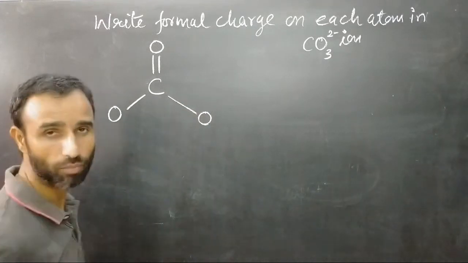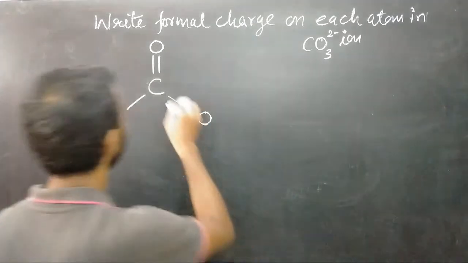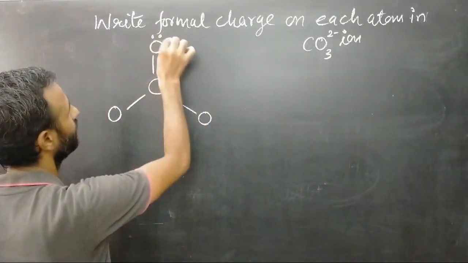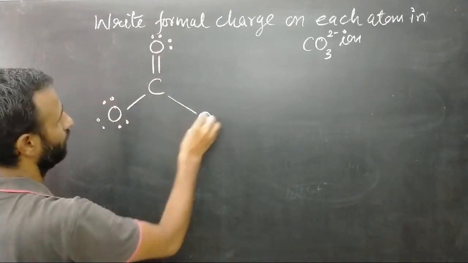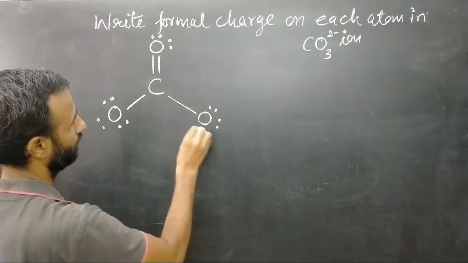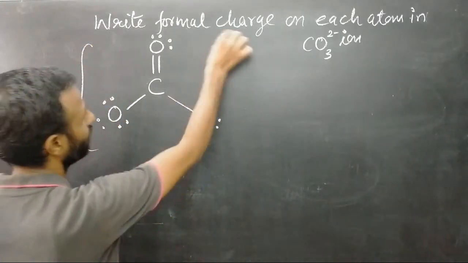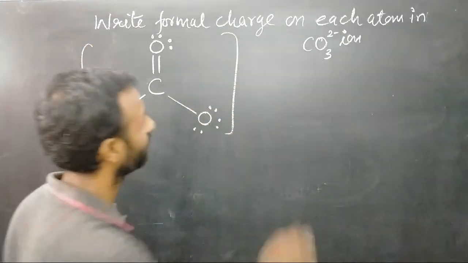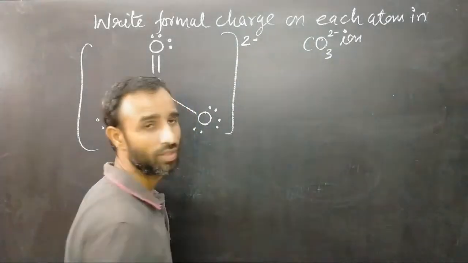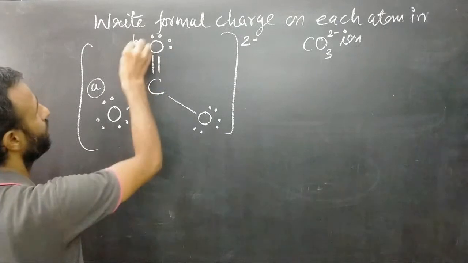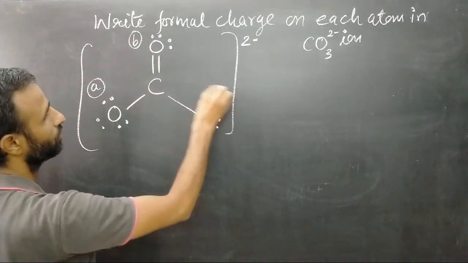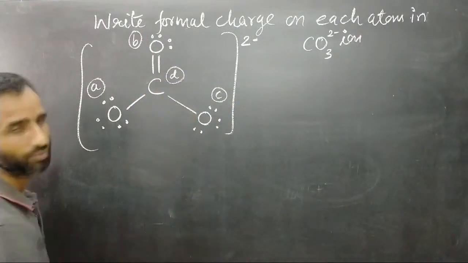There are 4 pairs actually, which we have already discussed. And the sum of the formal charges is equal to the charge on the ion. So oxygen A, oxygen B, oxygen C and carbon D.